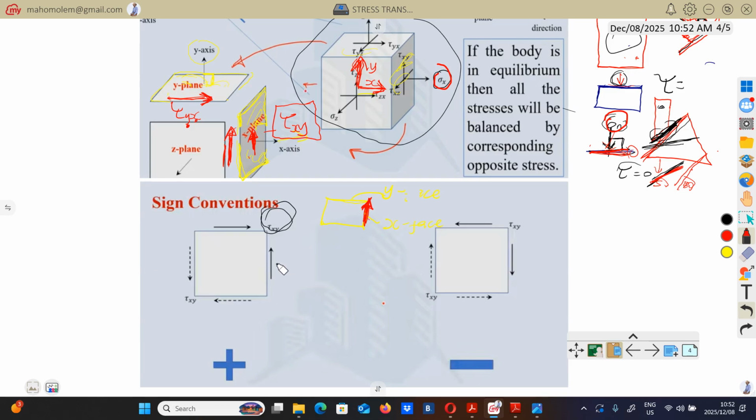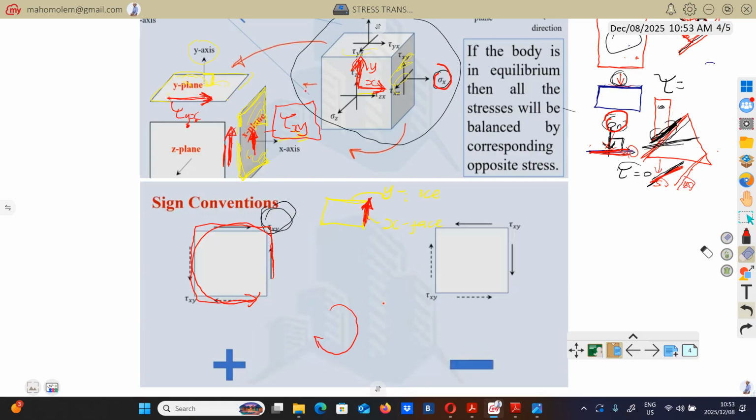If you have something like this, a box or whatever, and you move around this box in this direction, this is anti-clockwise. Remember, a watch or a clock moves like this. This is clockwise.